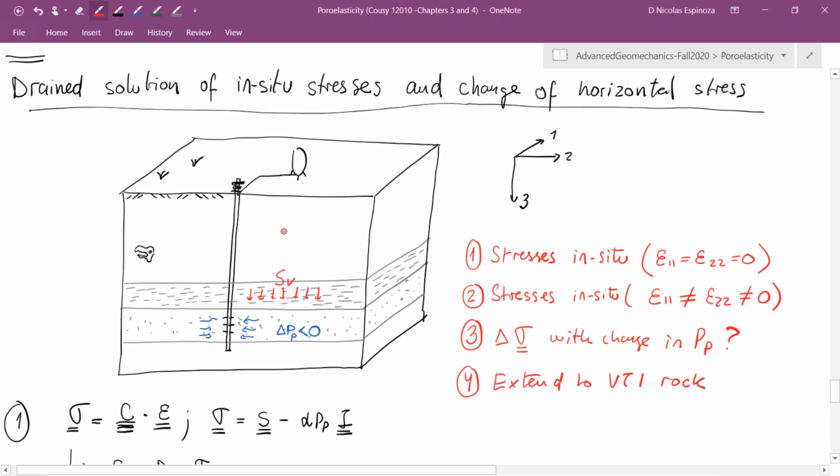This cap rock is relatively soft, so that it accompanies the deformation that is going to occur when I lower the pore pressure. So if I lower the pore pressure and the overburden stays constant, that means that the effective vertical stress is going to increase. And as a result of an increase in effective vertical stress, what I'm going to have is a compaction of this reservoir layer.